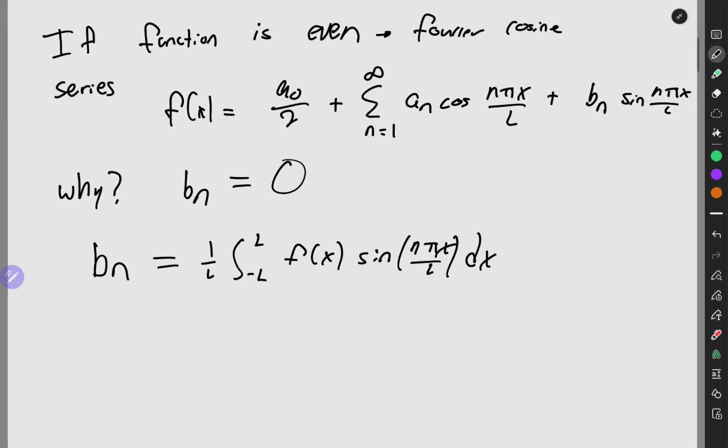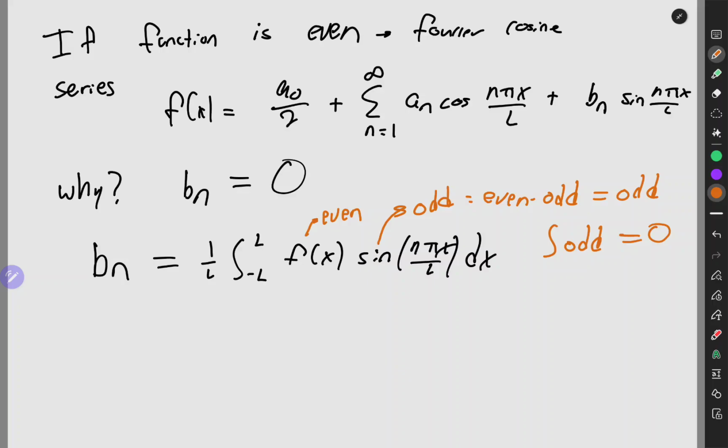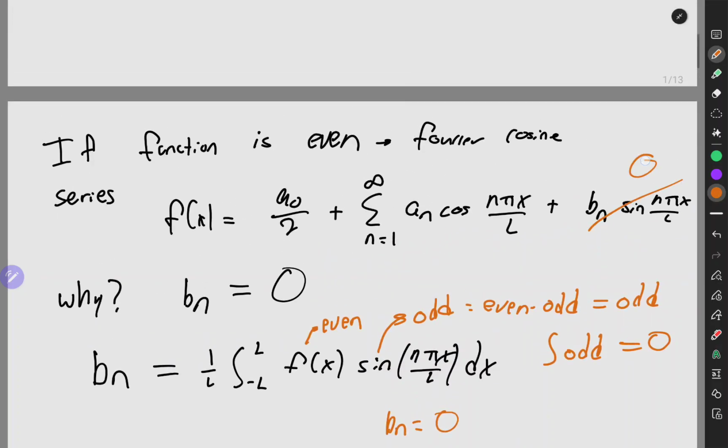If our function is even, and we know sine is odd, right? We know that an even function times an odd function is equal to what? An odd function. And whenever you have the integral of an odd function over a symmetric interval, that's equal to 0. So that's how we know b sub n is equal to 0.